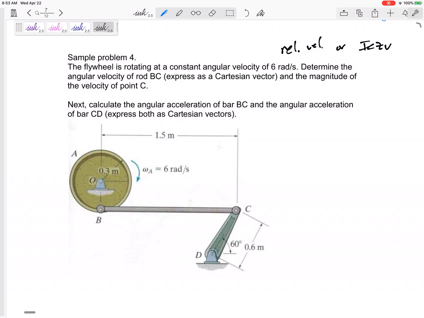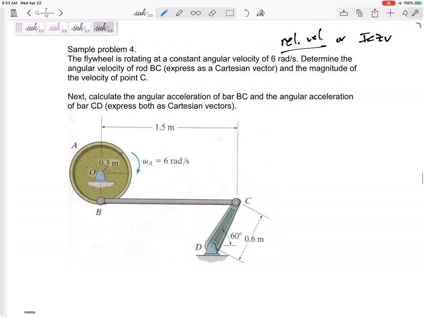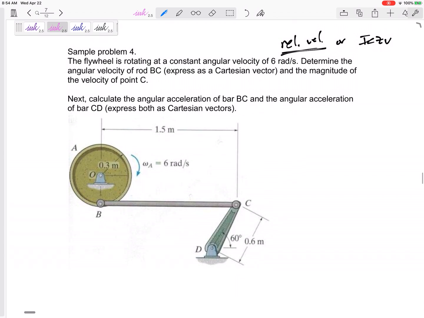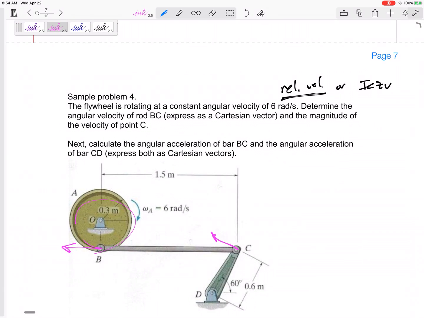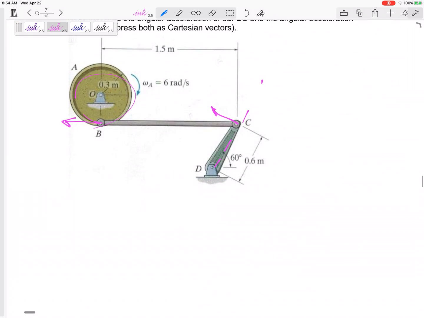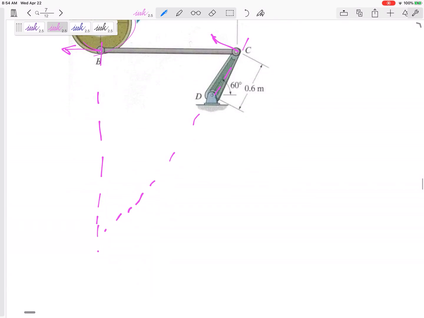So let's see. I think I'm going to use a relative velocity method, but real quickly, let me just see where the instantaneous center would have been. All right, so if this is going to the left because of that, this is going up here because of that. So here, my instantaneous center would have been way down here, and that probably would have been pretty easy.